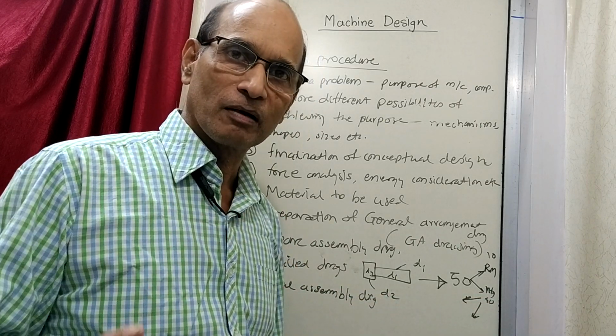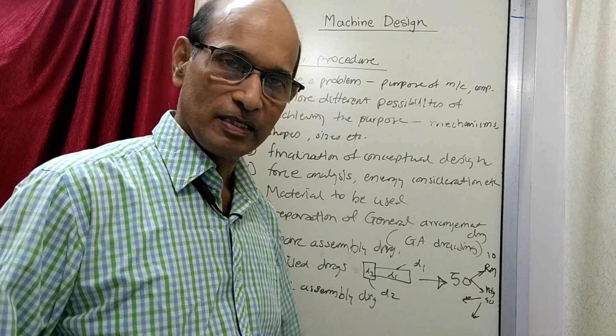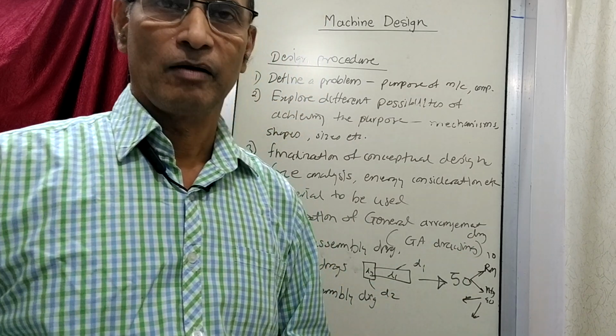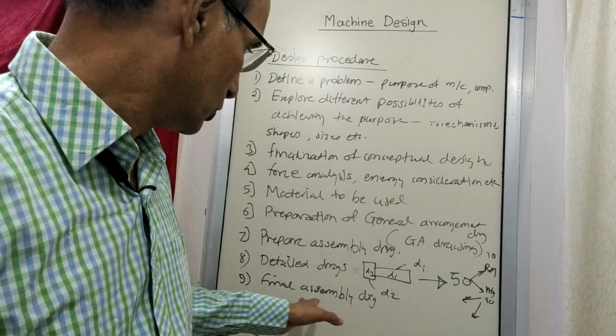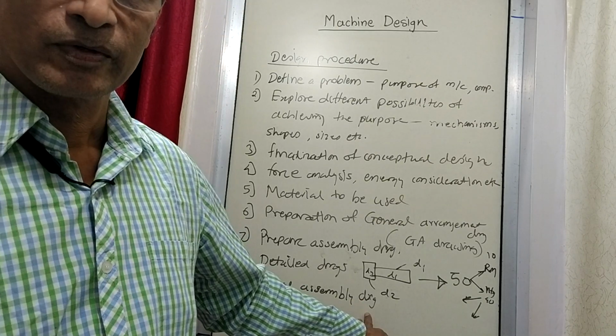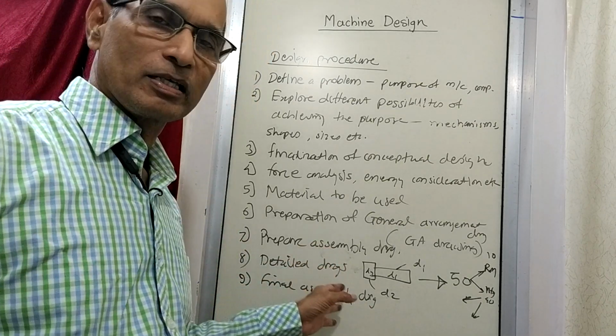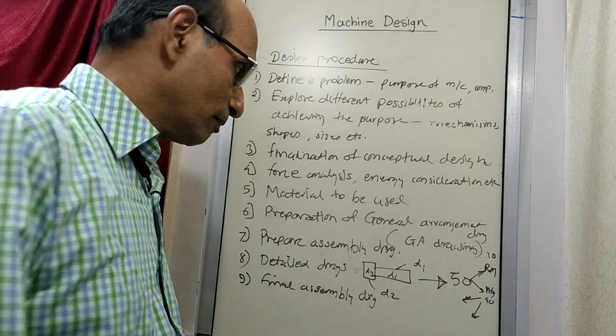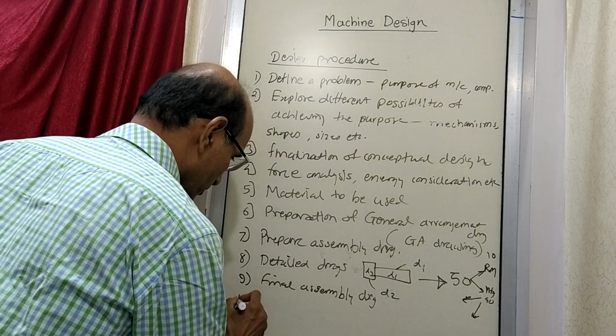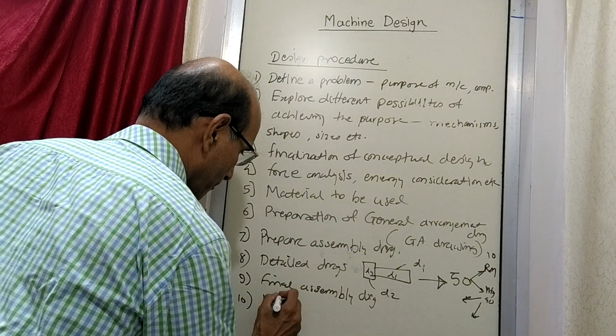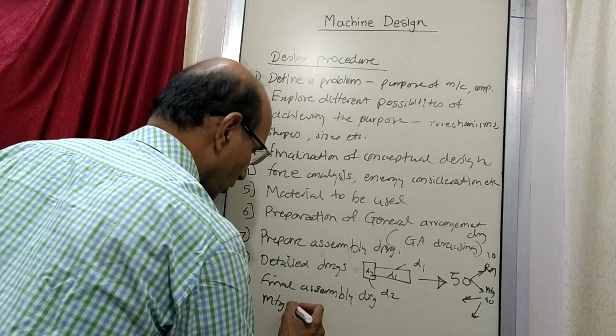So at one particular time all these parts are ready and available, and once they are available, what do you do? You do the assembly. So here you have drawn the detailed drawings, drawn the assembly drawings, then the manufacturing of parts, manufacturing or whatever, buy.